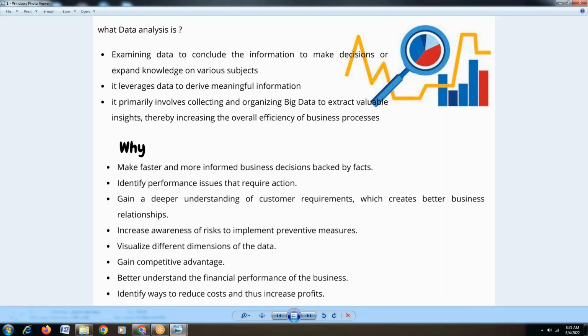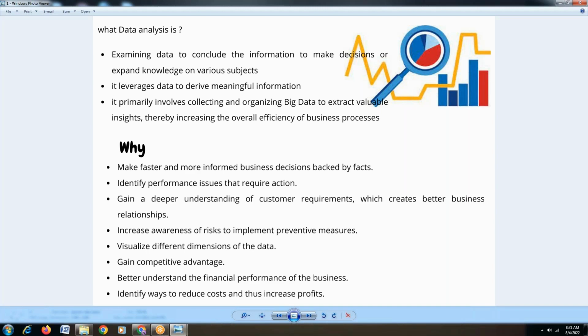Those are sufficient. At the same time, some are open source. That is an advantage, and it is why data analysis is more popular. So this is what data analysis is all about.